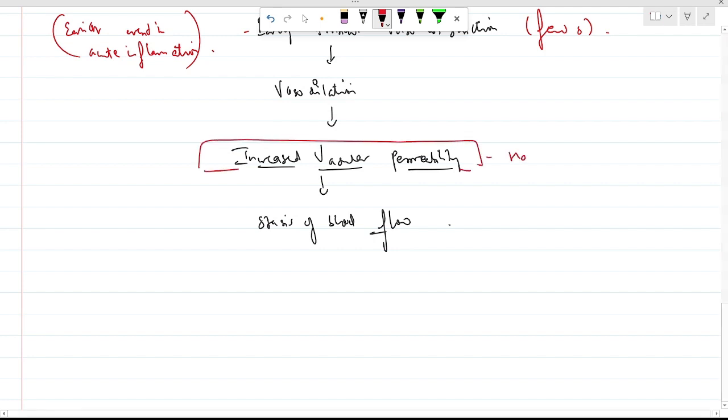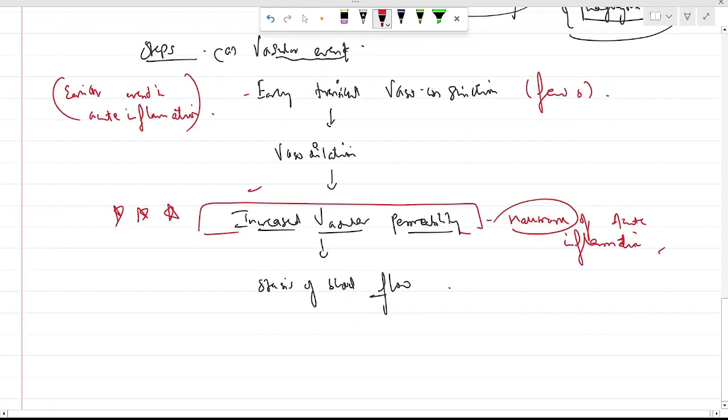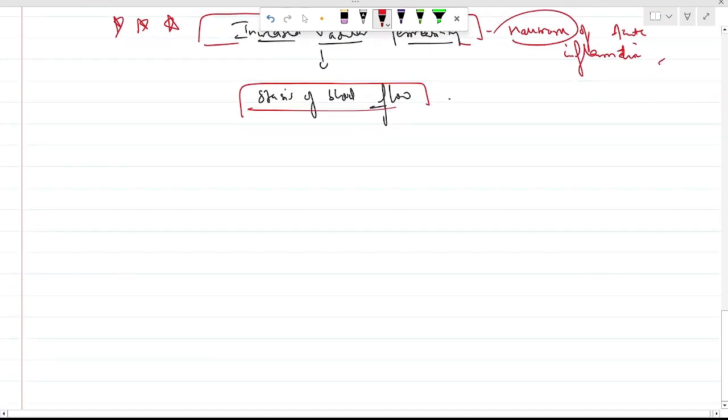This is the hallmark of acute inflammation. Early transient vasoconstriction followed by vasodilation, increased vascular permeability, and stasis of blood flow. These are the vascular events.